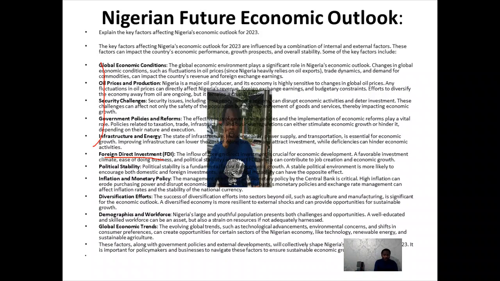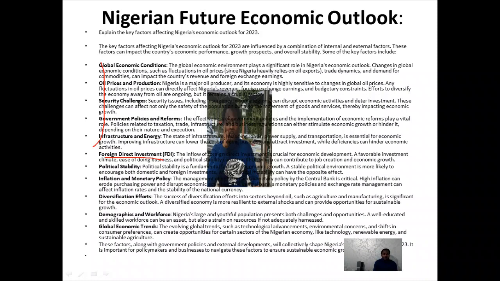We can talk about inflation and monetary policy. Like I was telling us in part one, case study always deals with things that are happening around us. So case study sometimes is not difficult to pass if we are sensitive to our environment. Now we know what the price in the market is saying all over the nation. So inflation and monetary policy outlook: the better the central bank is able to curtail inflation, the better economic outlook Nigeria will have.